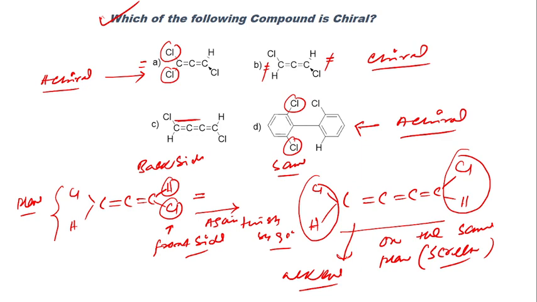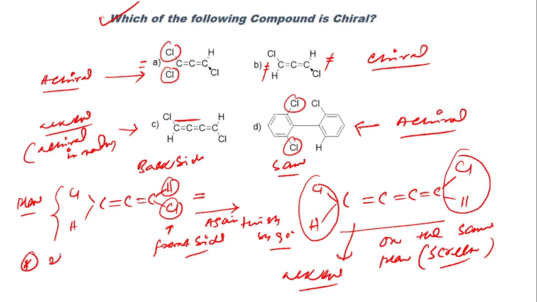And alkene is what? Alkene is achiral. So this behaves as an alkene, and alkene is achiral in nature.